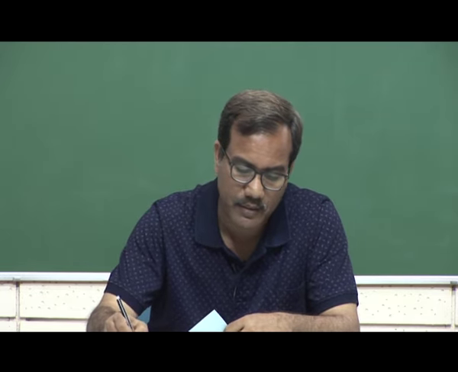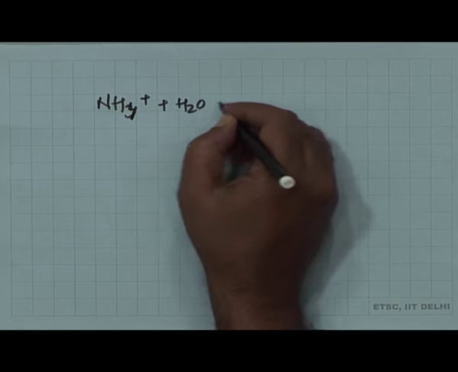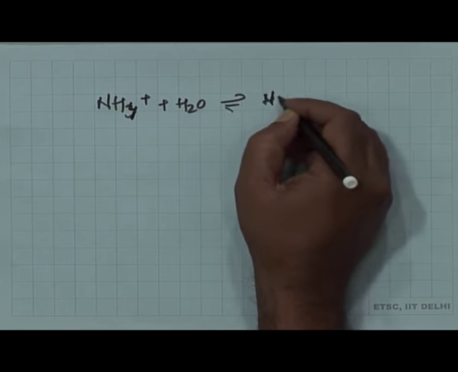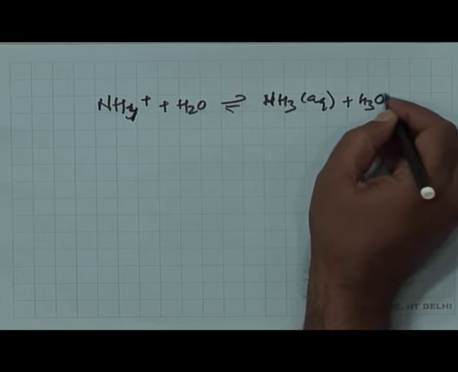So, let us again write how we can calculate. This is NH4 plus plus H2O giving NH3 aqueous plus H3O plus.